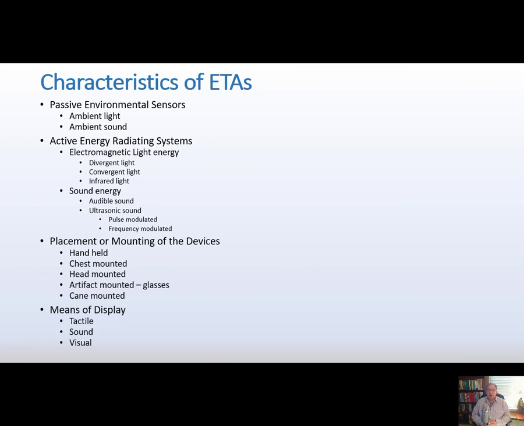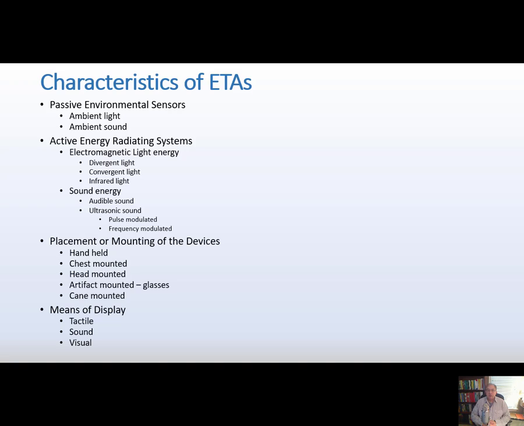So in regard to the characteristics of the devices, there are a number of different attributes that I want to talk about. The first one has to do with whether they are active or passive devices. Passive devices, as the name implies, really relates to whether or not the device collects ambient energy or produces its own energy.